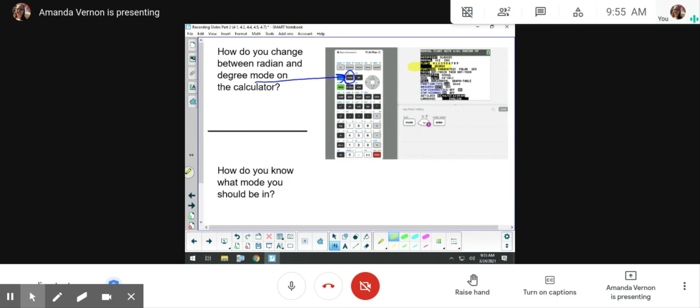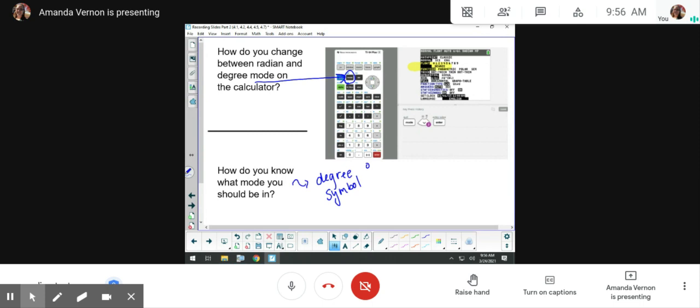Depending on what you're evaluating, you may need to switch between the different modes. Now, the next common question we get as teachers is, how do you know which mode to be in? Well, you'll want to pay attention to whether there is a degree symbol. If you have your degree symbol, that little circle, you want to be in degree mode.